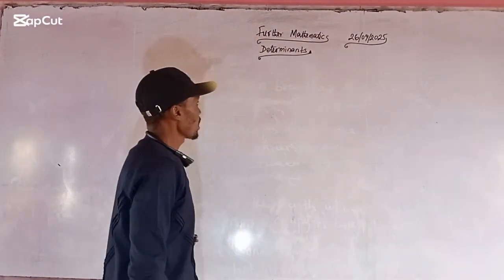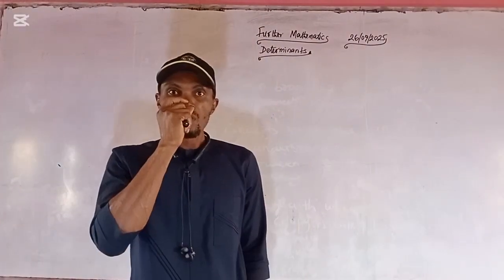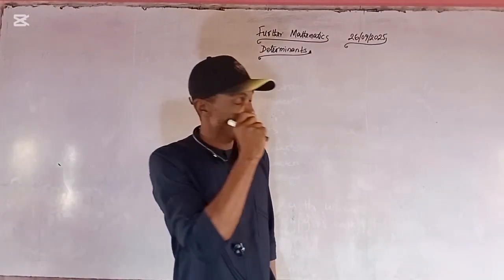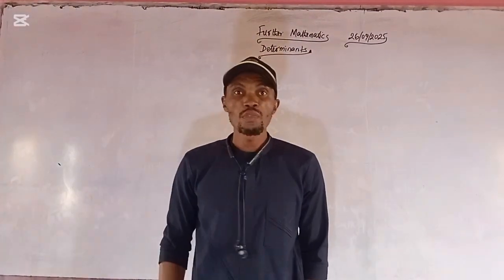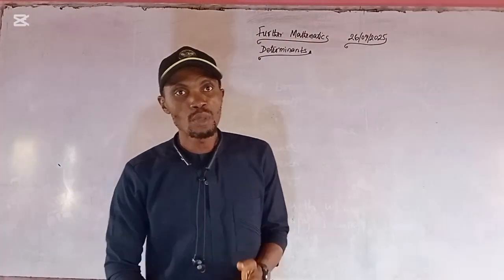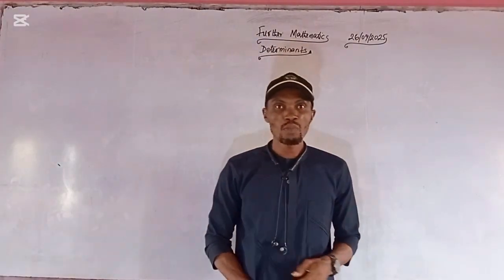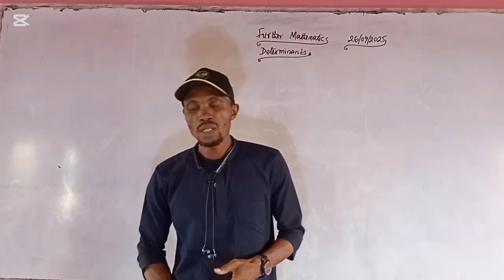Today we are going to be looking at determinants of matrix. This is a series of our lessons in matrix. We have been able to define what matrix are, the additions and subtractions of matrix, the order of matrix.